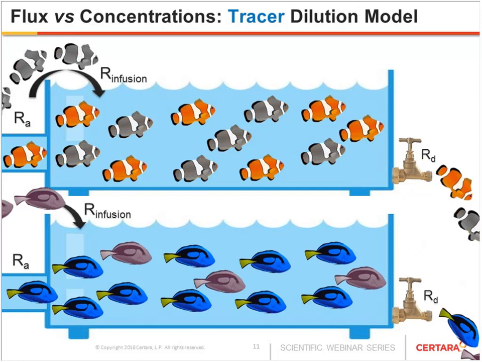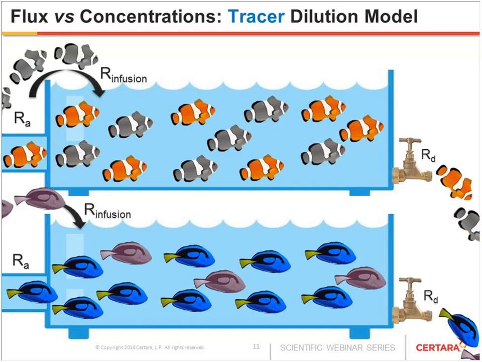Now, moving on to the tracer kinetics experiment aspect of my example, which is called the tracer dilution method. Let's imagine we could take some fishes identical to the fishes in the tanks and label them in a different color.